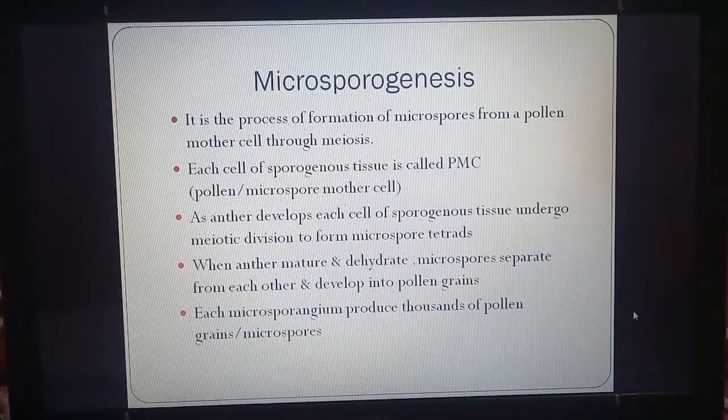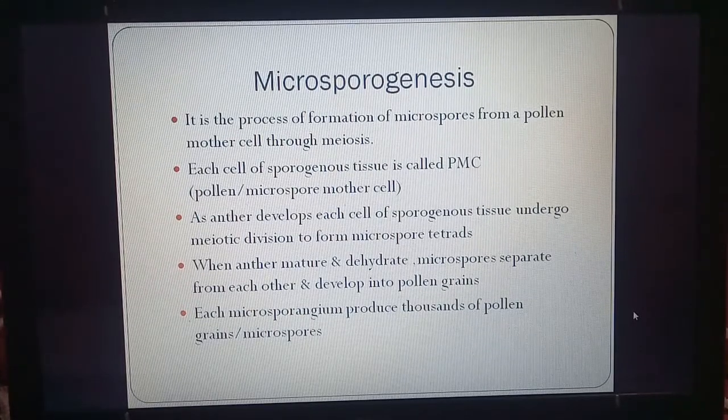Microsporogenesis. It is the process of formation of microspores from a pollen mother cell through meiosis. So gametes are formed by meiosis. Each cell of sporogenous tissue is called a pollen mother cell. It is also called microspore mother cell.